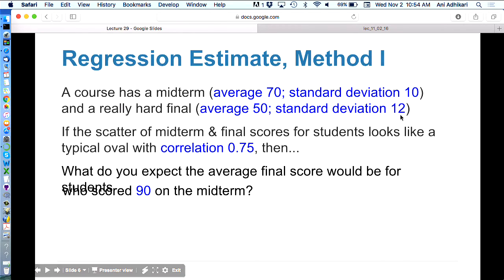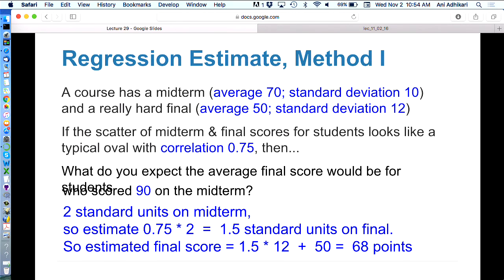And then above this average of 50, I get 68. Questions about this calculation? It is a direct application of our equation of the regression line written in standard units. Your prediction in standard units is r times the given value in standard units. And the rest of the class is going to be devoted to writing the same thing in the original units.